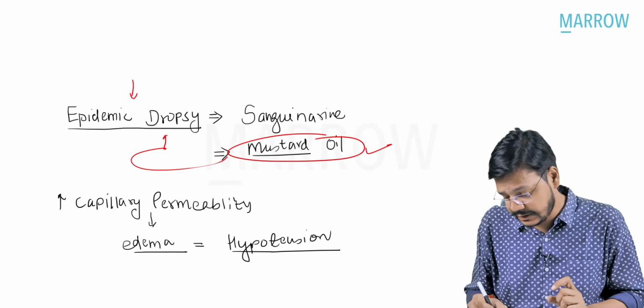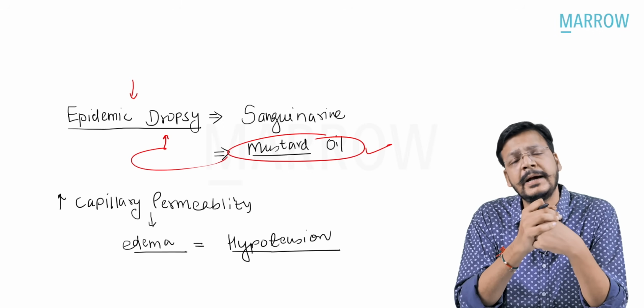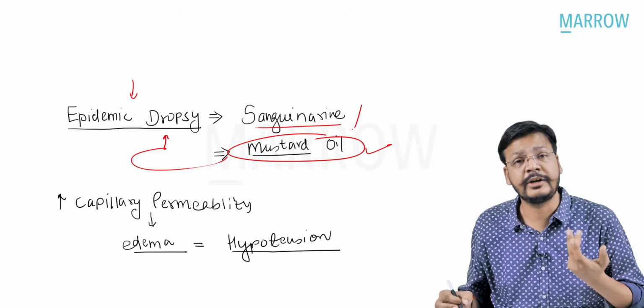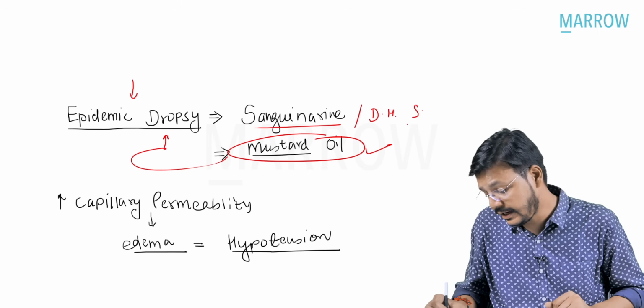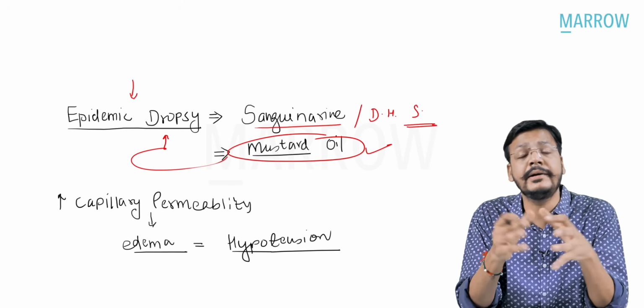This can cause a very important problem known as epidemic dropsy. The main toxins or active principles, which are very dangerous, are sanguinarine and dihydrosanguinarine. So it is adulterated with mustard oil.